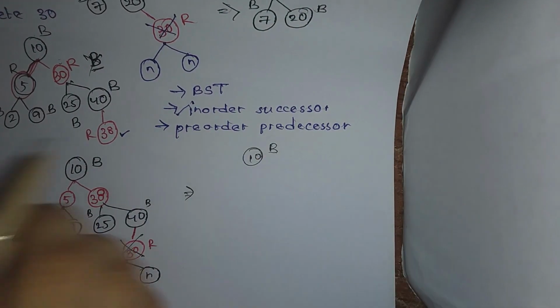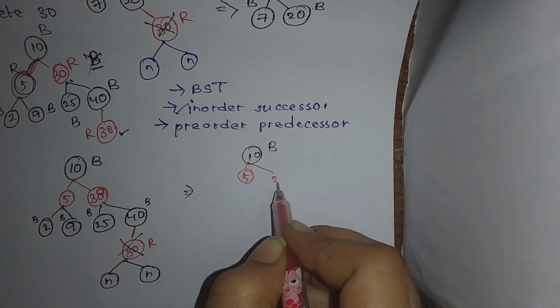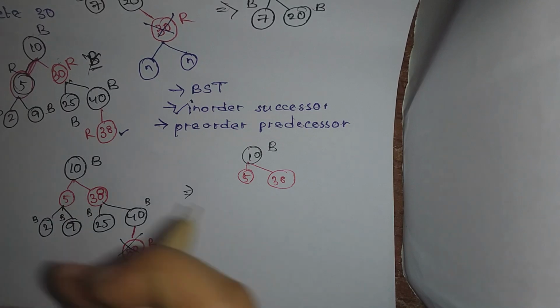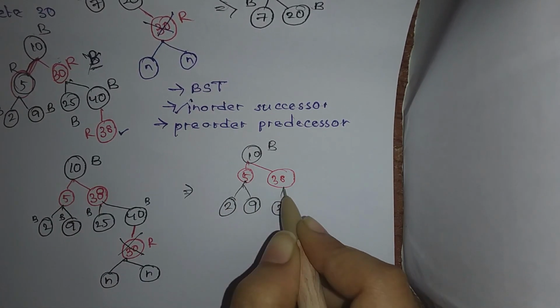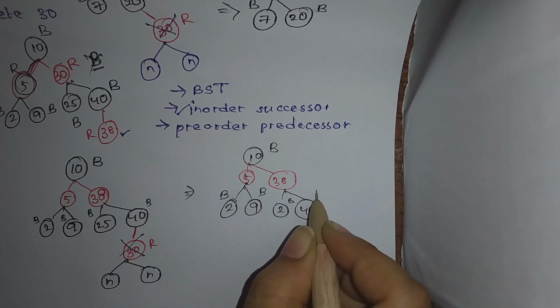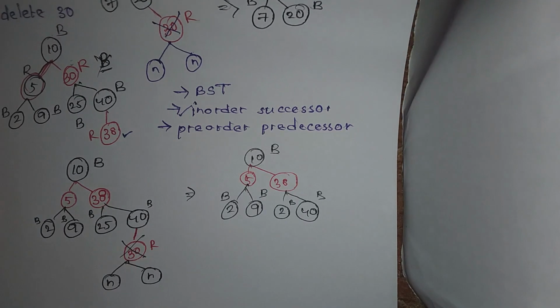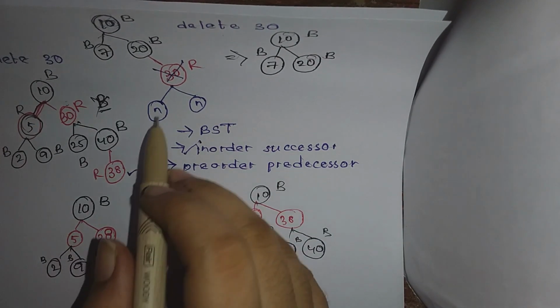So the final tree would be this. For a leaf node, we can directly delete.